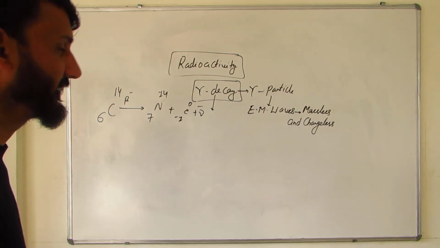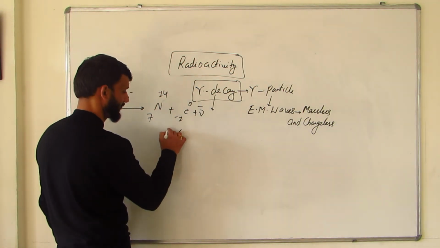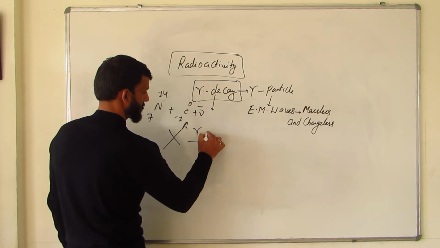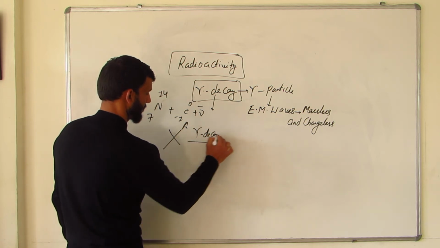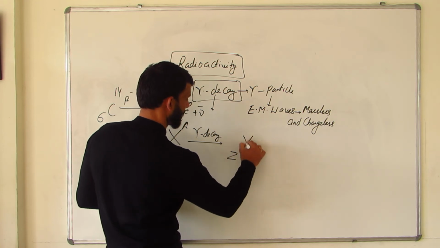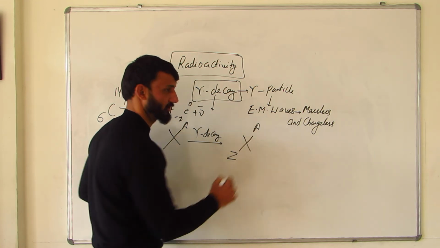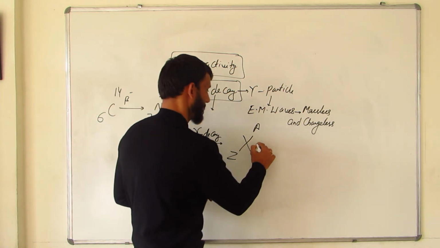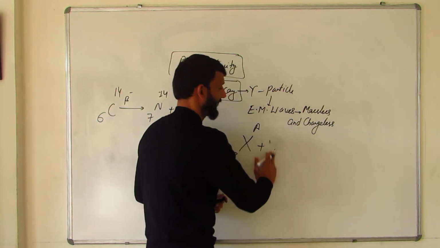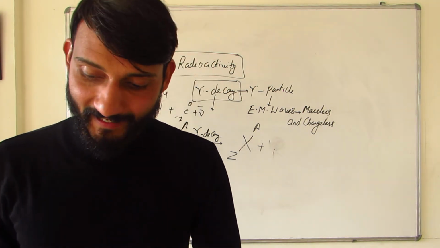So if they are massless and chargeless, they will definitely not change Z, so X will remain the same. Massless, they will not change A, plus gamma particle. Basically, the energy of the gamma particle is h nu.